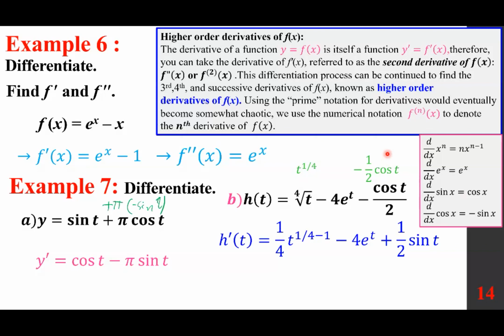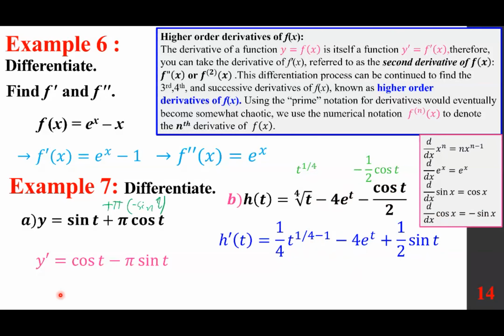So negative times negative makes it positive 1/2 sine. So these two are very simple. You write this one and you write this one. If you want to write in this format, we would put plus sine t over 2.